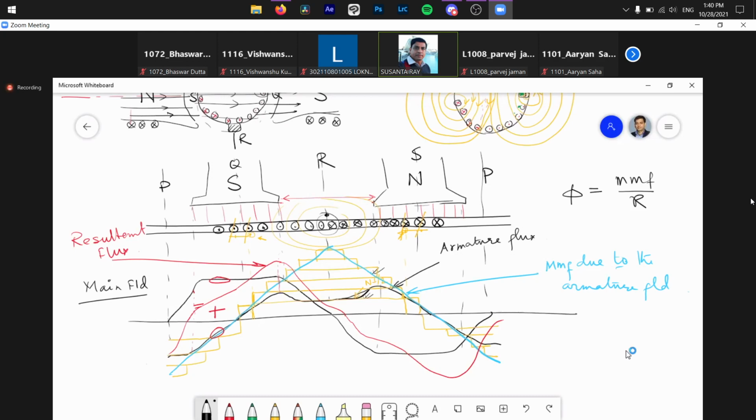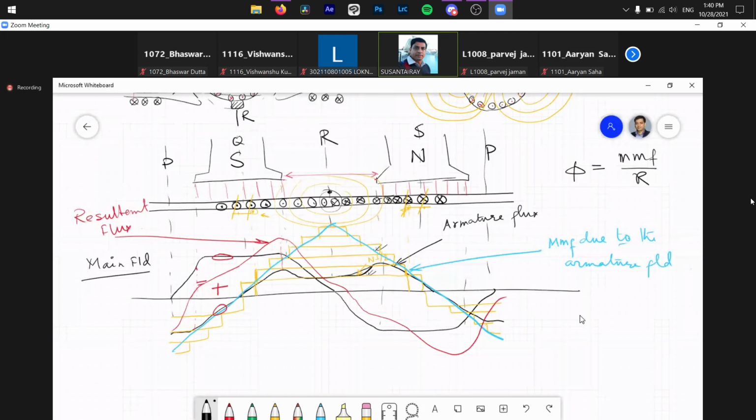Suppose when we have only the magnetic field, there was no armature reaction because there is no armature flux. So what are the changes we have faced now, shifting from that situation?